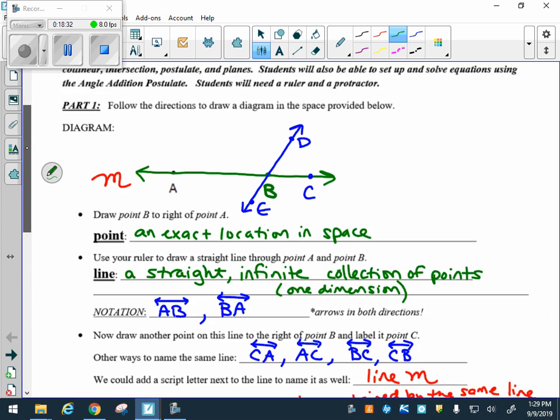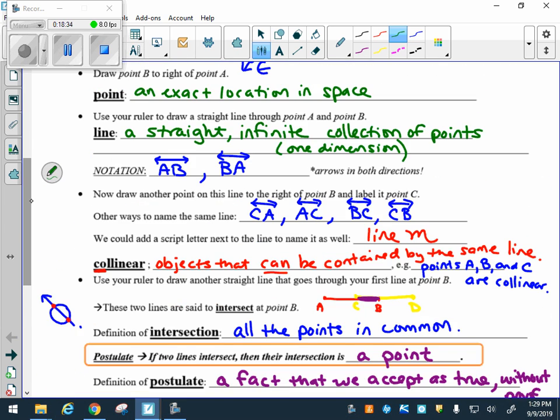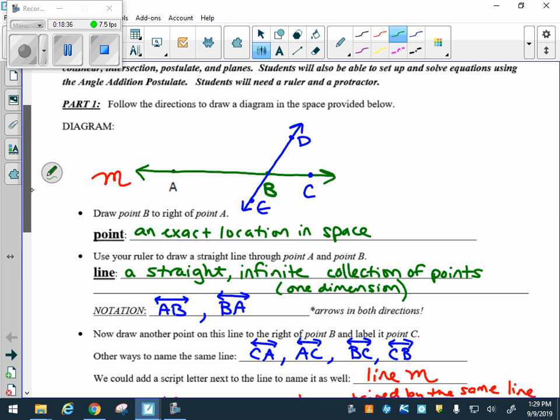Okay, so I just want to talk about collinear and coplanar a little bit to make sure you understand this idea that if it can be contained by one plane, that it's coplanar. If it can be contained by one line, then it's collinear. So if I ask this question in our diagram here, are point A and point E collinear?